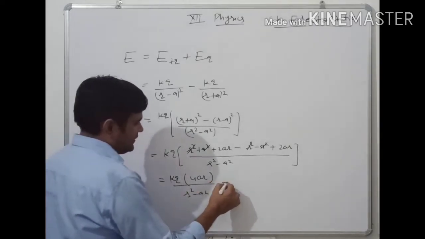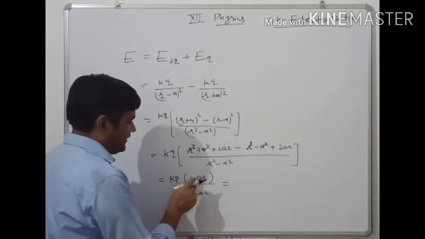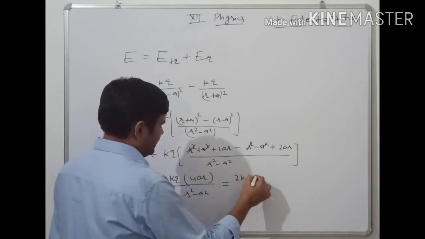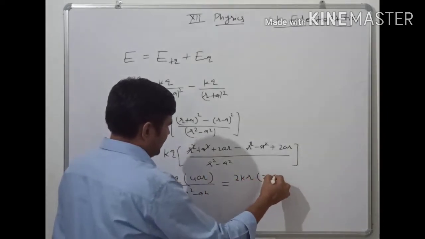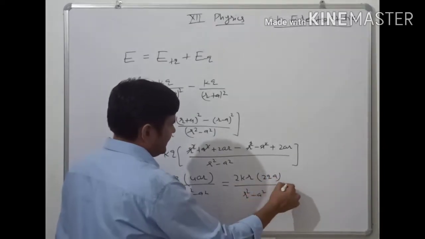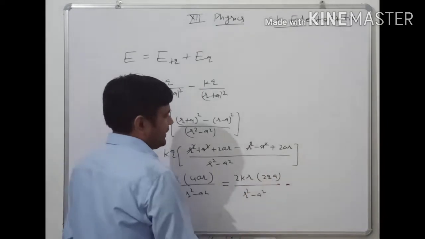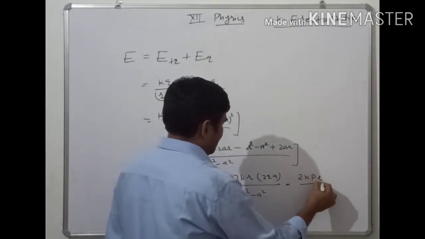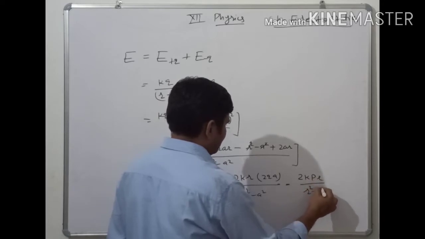Now this formulation is rearranged as 2kr into 2qa divided by r square minus a square. Now 2q into a is written in terms of p, so it is 2kpr upon r square minus a square.